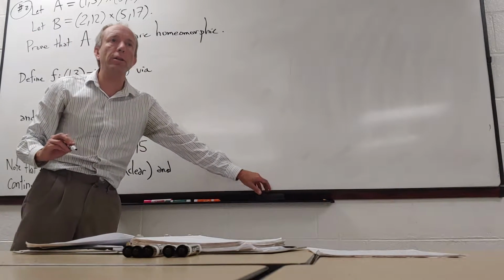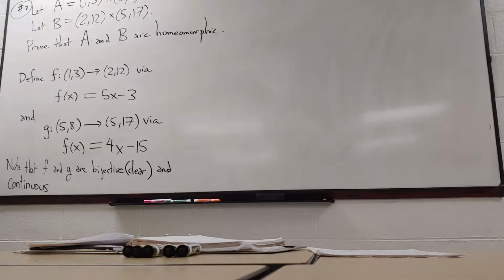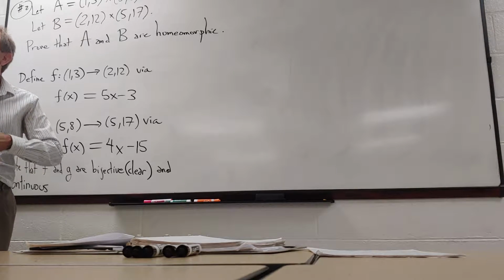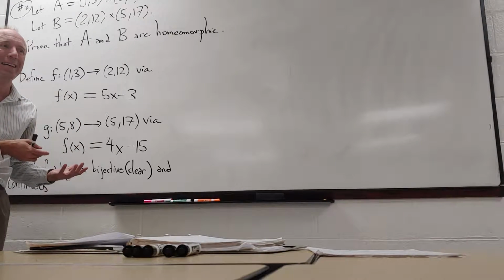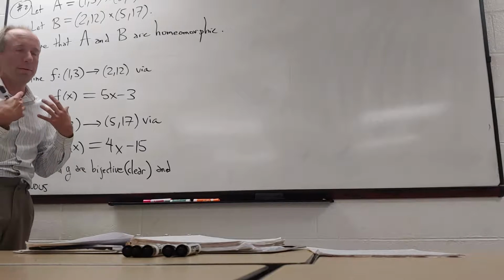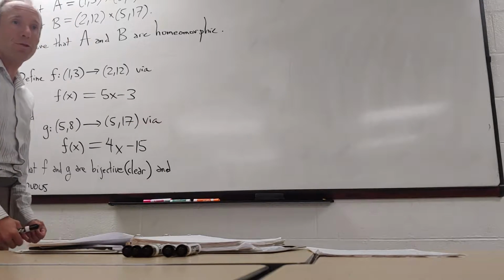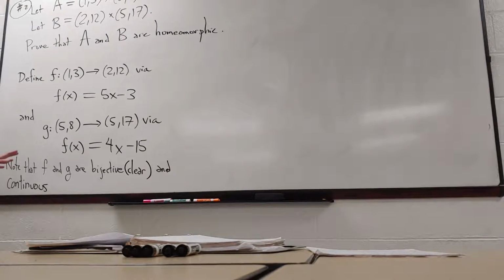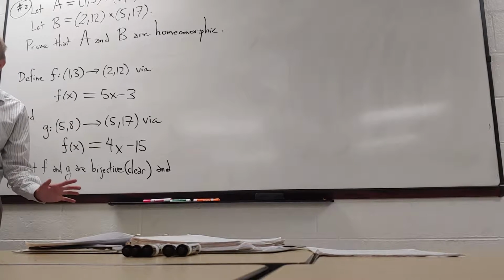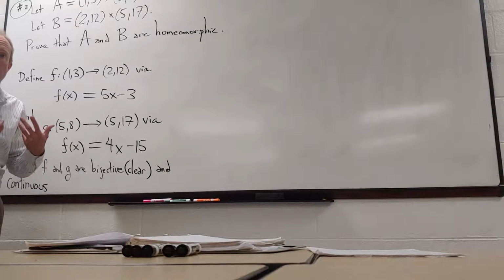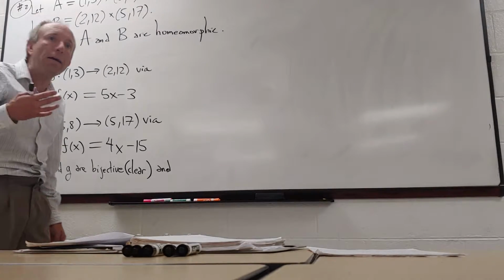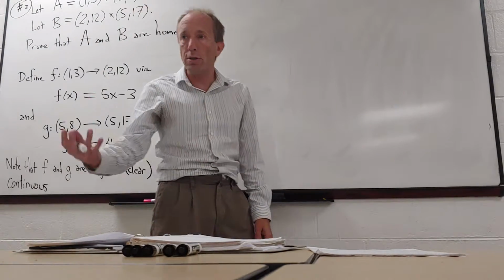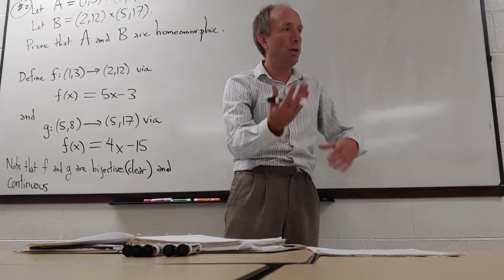How do you argue that they're continuous? Because they're straight lines. If we're just using the absolute value topology on the real numbers, this is really a math 350 function. And so anything that's a polynomial or a linear function is going to be continuous. Now, if it was a strange topology, if this was not the regular math 350 topology, we would then have to consider pre-images of open sets being open and so on and so forth.